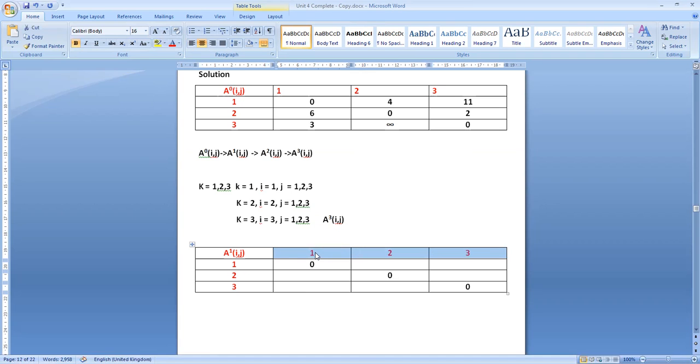A of 1 comma 1 is 0, A of 2 comma 2 is 0, A of 3 comma 3 is 0, for whatever be the value of k, it is the same. So we have to find A of 1 comma 2 for this A1 of I comma j.